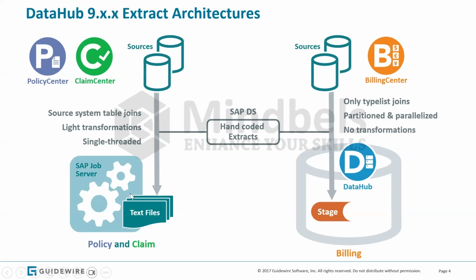For PolicyCenter and ClaimCenter, it comes this way. Previously it was hand coded, but now it's not. I have kept this slide just to give you context about what Guidewire had and what it has now.